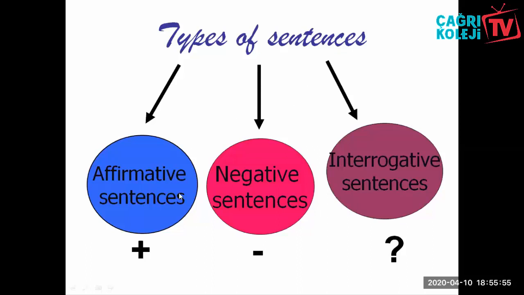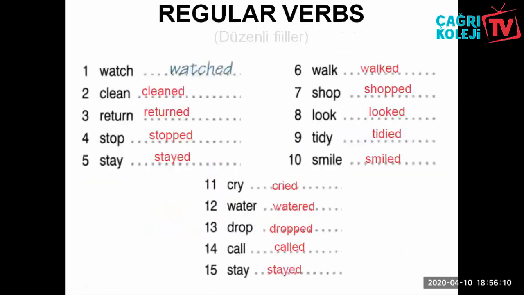So types of sentences: affirmative sentences, negative sentences, and question sentences. You already know how to make this kind of sentences. Here we are just going to make a small revision. So last week we learned how to make the verbs past with the regular verbs.